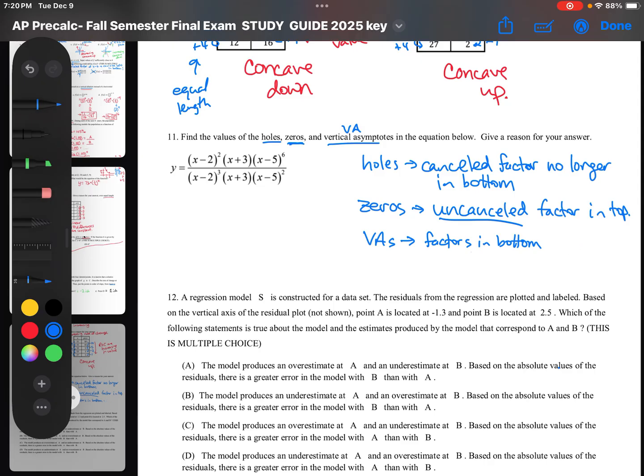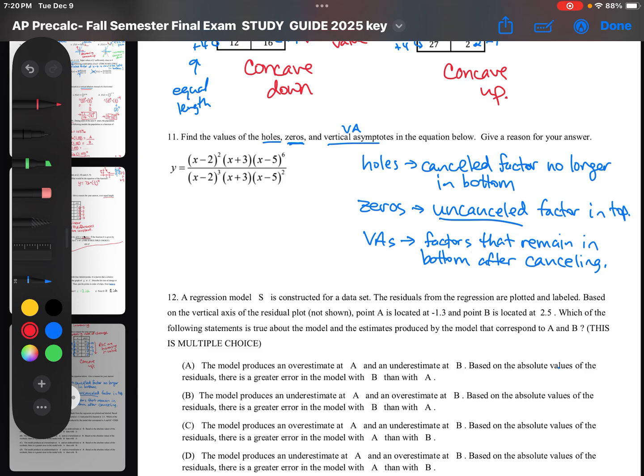Or how do I want to word this? Factors that remain in the bottom. There we go. Let's say it that way. Factors that remain in the bottom after canceling. All right, that's probably just the best way to say that.